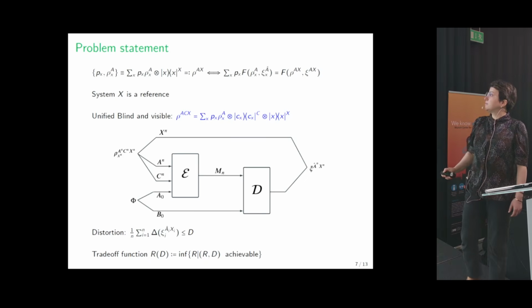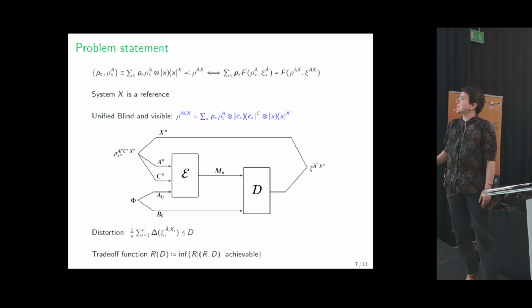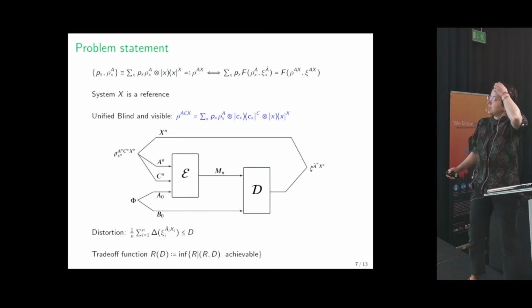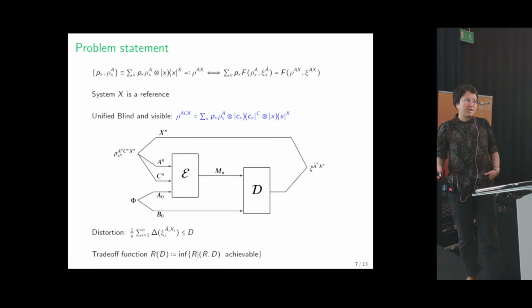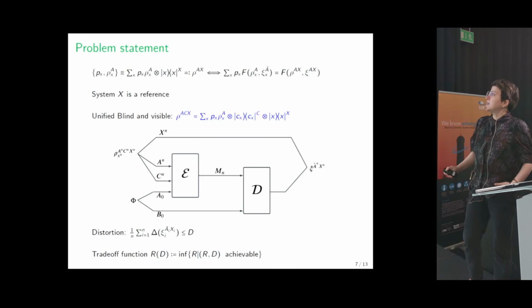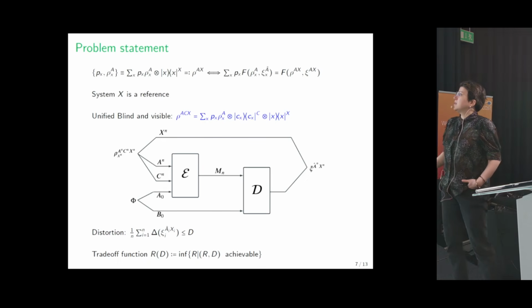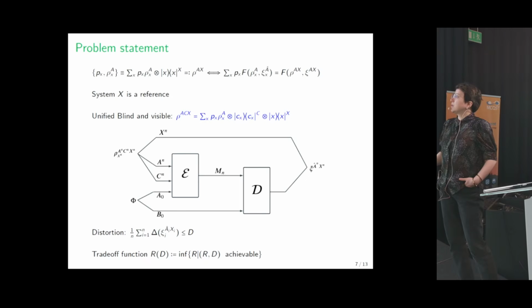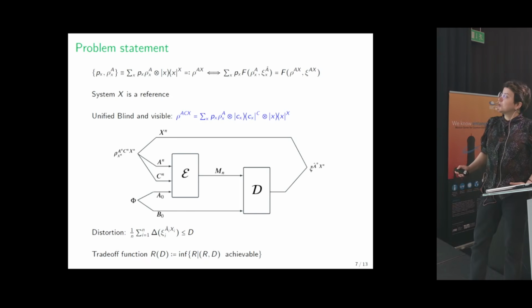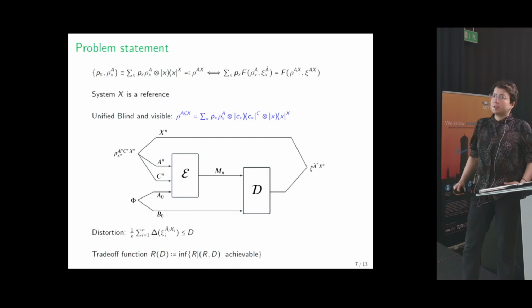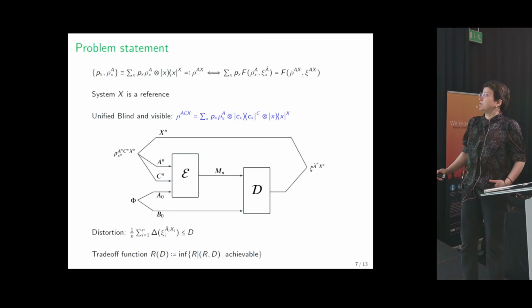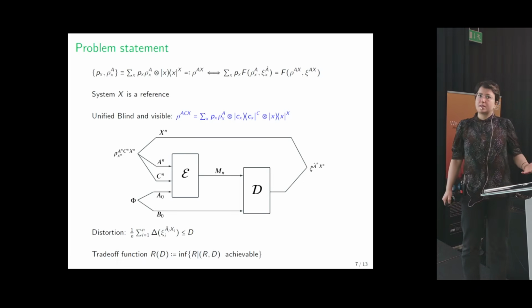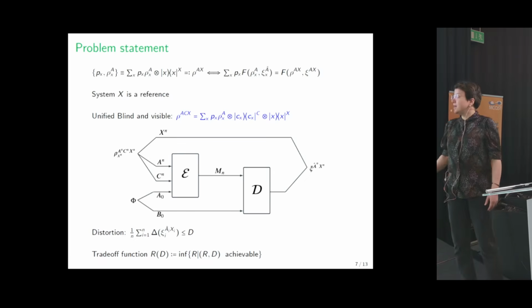So I'm going to formally state our problem. Let's imagine that we have this ensemble of mixed states. That's the rate distortion theory for mixed states. There is a reference system that stores this X value, and the whole time we want to preserve the correlations with it. In this work, we generalize the rate distortion theory by assuming that the encoder has some side information system, some extra system that's going to help us compress more.